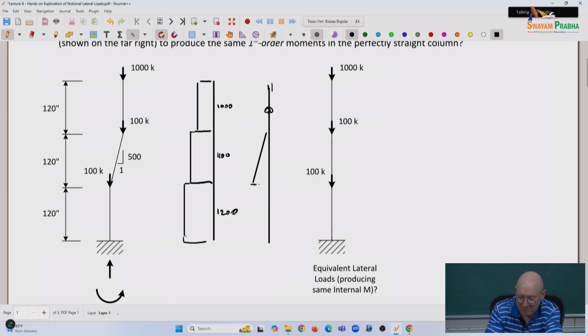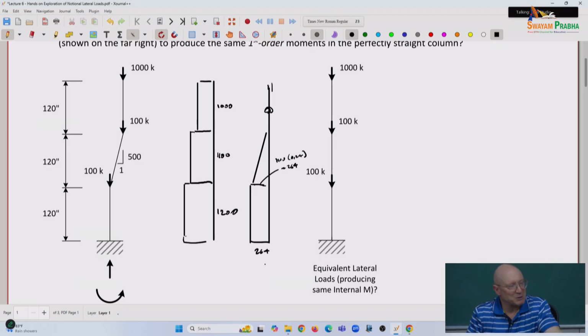So what should my moment be at the bottom of that middle story? Can you calculate it? Okay, 264. Good. So we've got the 1,100 acting through the 0.24, so 264. You're right on it. And then in the bottom level, constant moment at 264. So physically, that's what's going on.